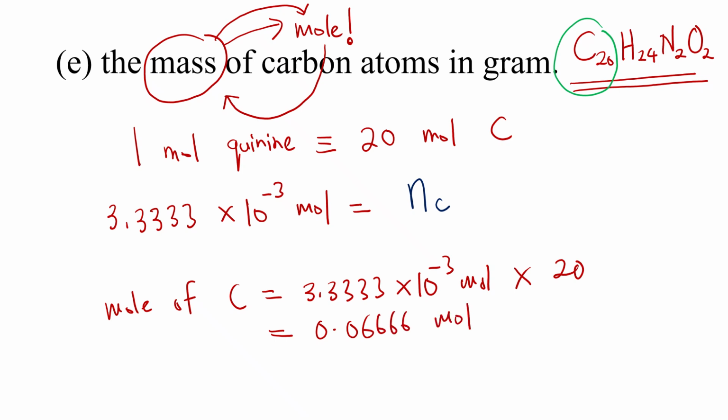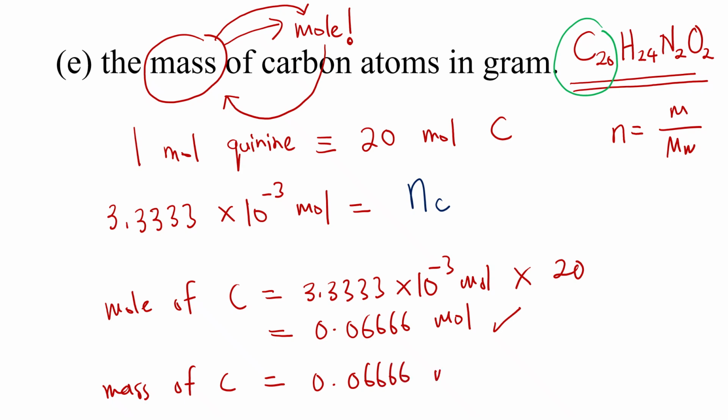Okay, so now dah jumpa dah number of mole untuk carbon. So next we can find the mass of carbon atoms. So nak cari mass of carbon, gunakan formula number of mole equals to mass over molar mass. So to find the mass, the mole here mesti kita darab dengan molar mass.